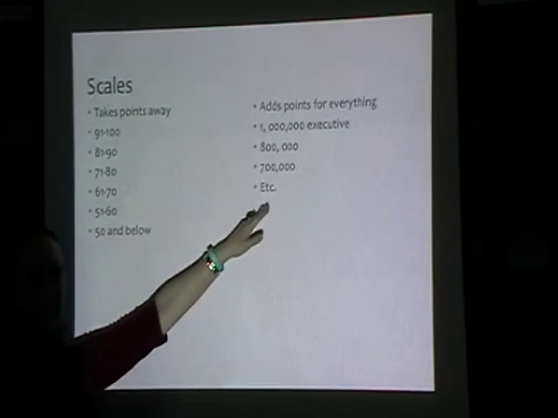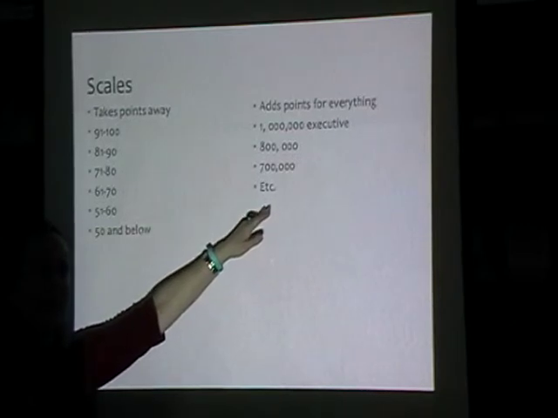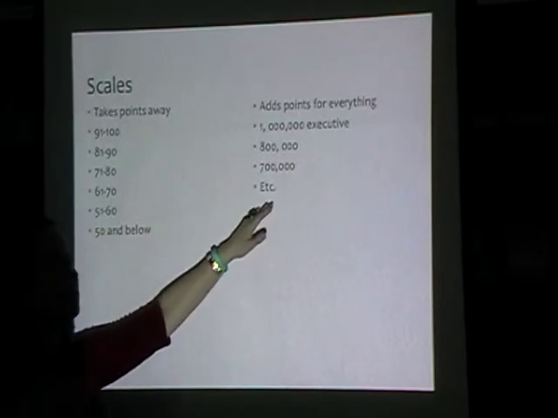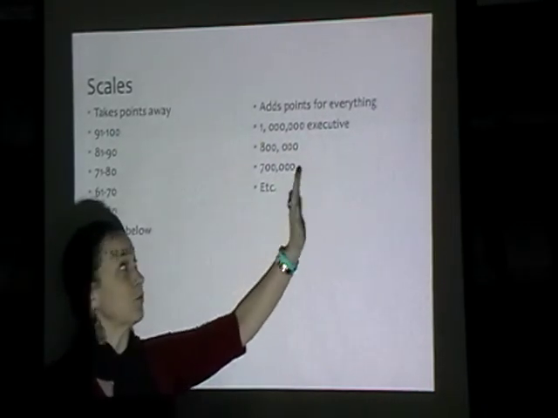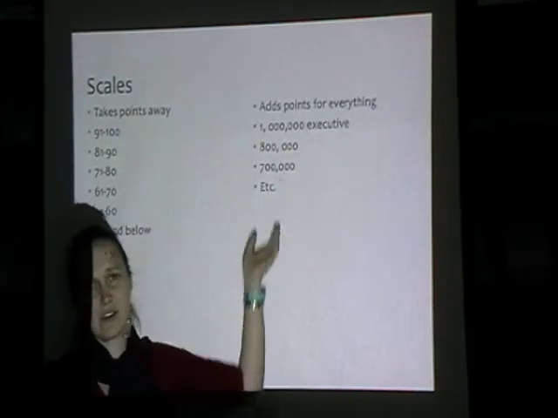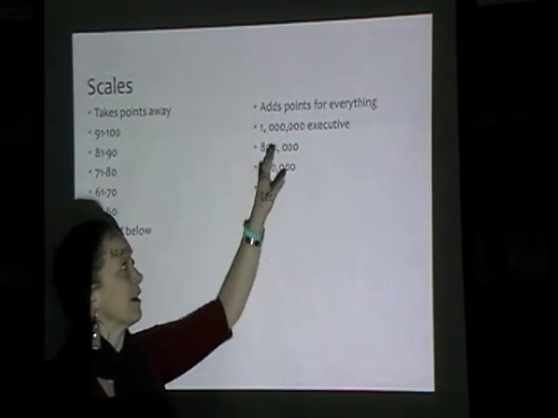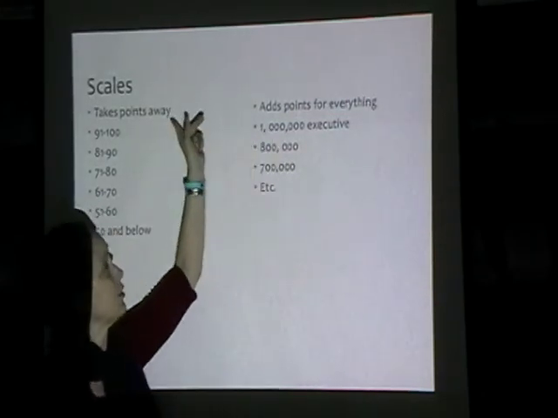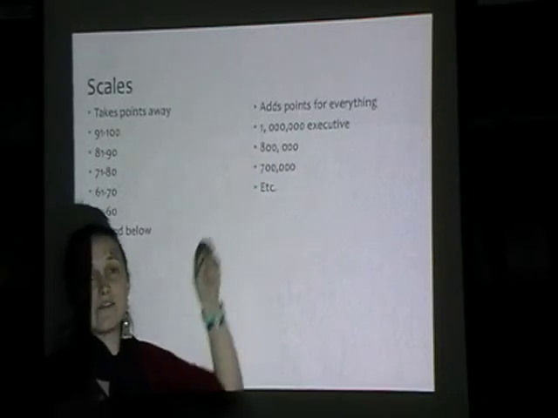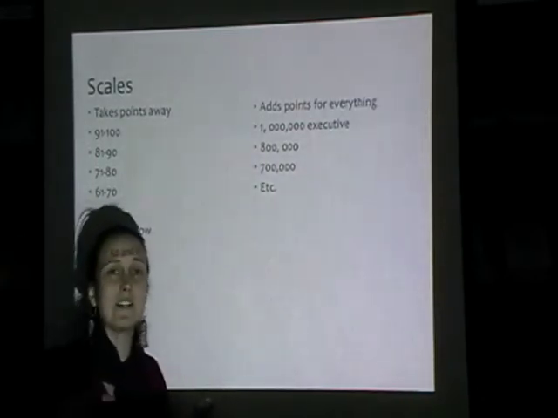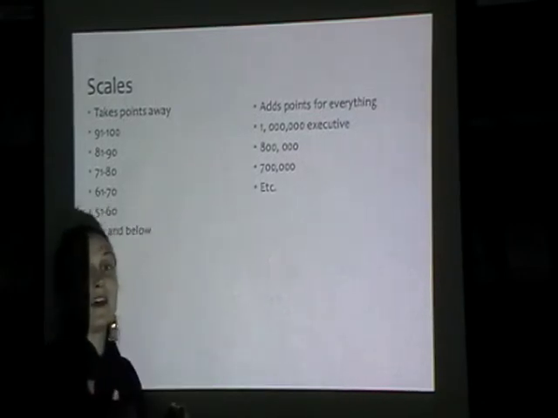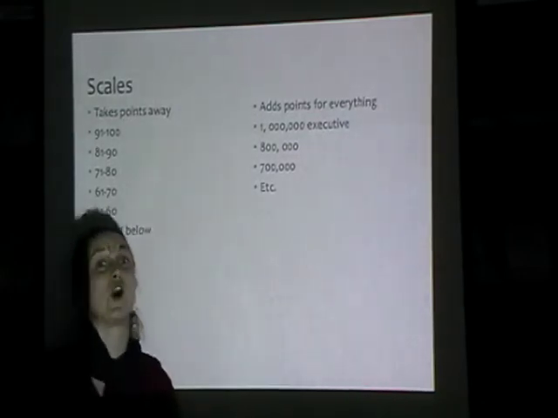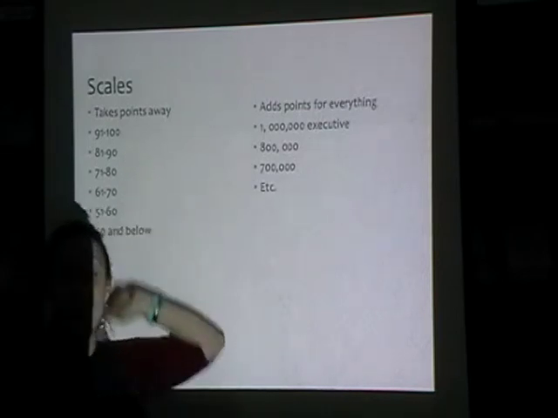Here you would get 50 points. You may not have gotten 100 points, but you would get 50 points towards your executive level, or you can name the levels however you feel like adding them. But for example, this would be the equivalent of an A, but every time they complete an activity, every time they do something, they're gaining points towards the A, as opposed to taking points away from the A grade.